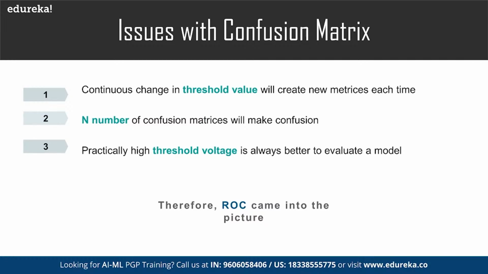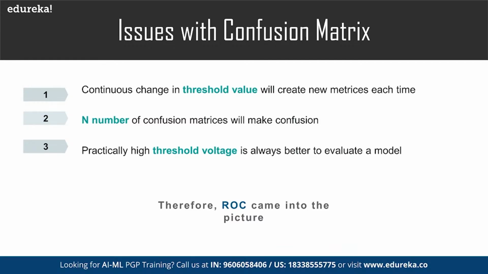We continuously change the threshold values because we need a high performing model, because we see that this threshold value is no longer useful for us. We get to change that, increase the threshold value. I told you already, the threshold value falls between 0 and 1, and typically in industry they choose 0.5 as the default threshold value.